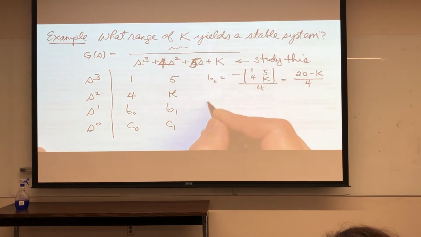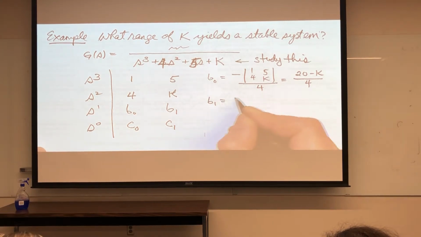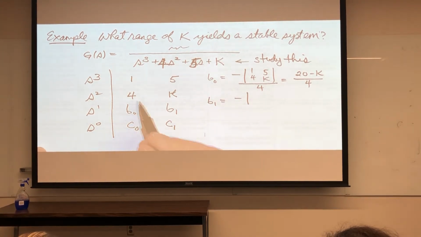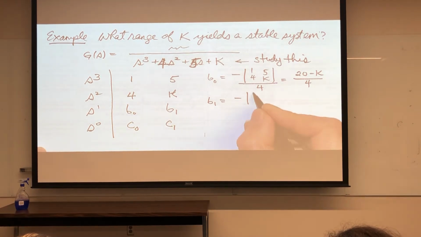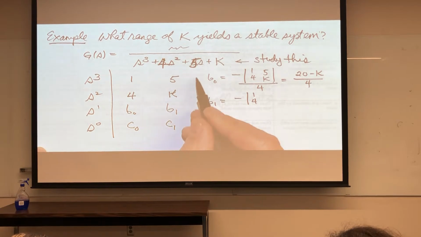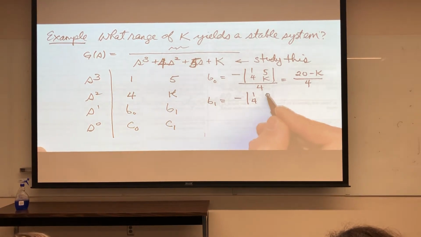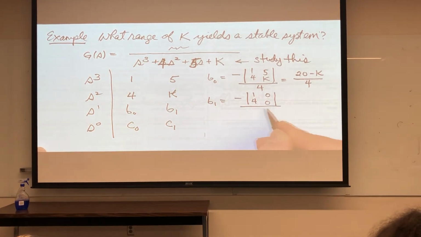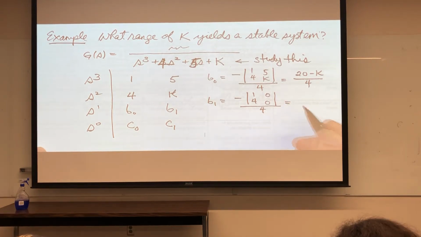Next, I got to do B1. B1 is the determinant formed by 1, 4, first column doesn't change. Next, I got to take the coefficients over here. They are 0 and 0, and then I divide by 4. So that number is a 0.